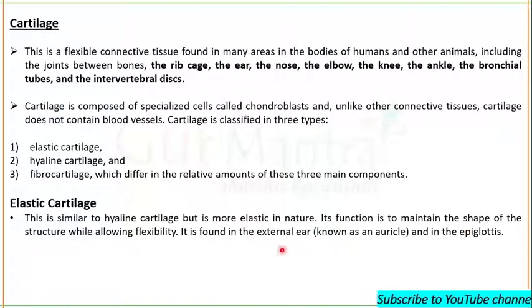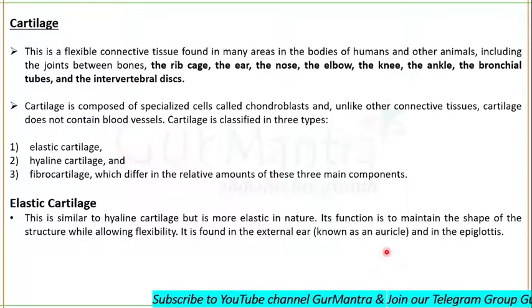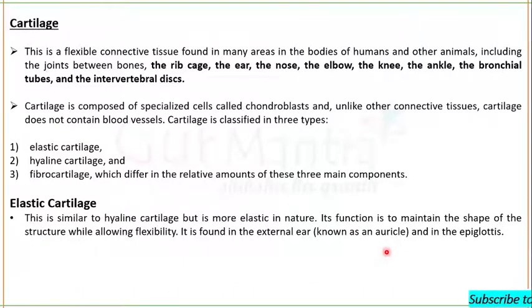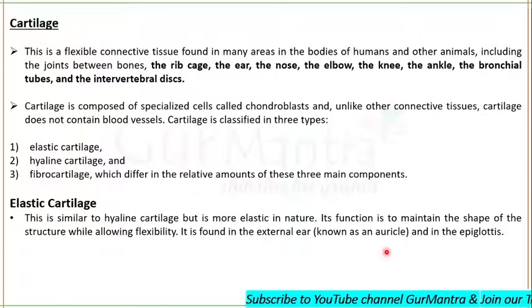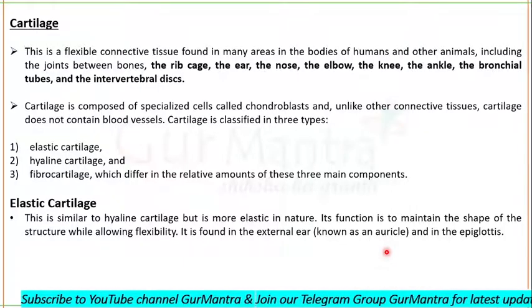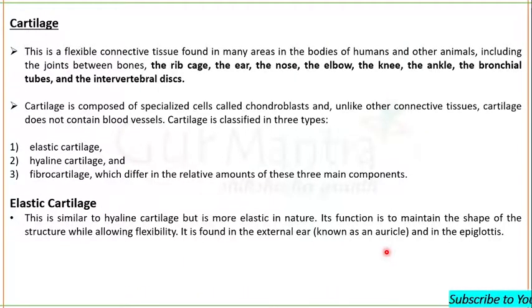It is mainly found in the external ear, known as the auricle, and in the epiglottis, the lid of your pharynx. You will see elastic cartilage in the external ear and epiglottis.